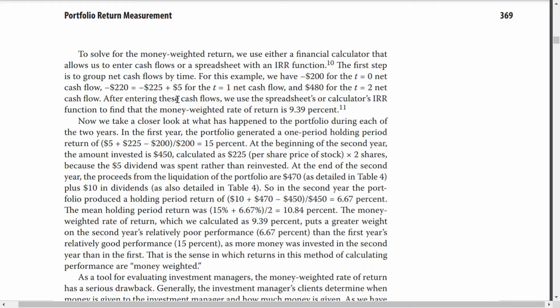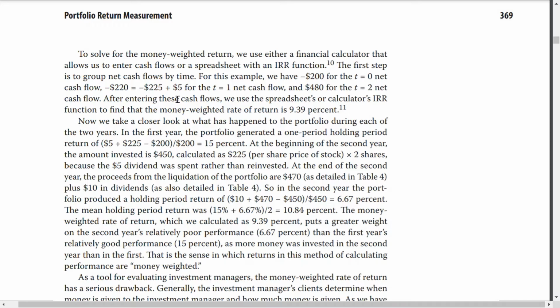If we take a closer look at what has happened to the portfolio during each of the 2 years, in the first year, the portfolio generated a one-period holding return of (5 plus 225 minus 200) divided by 200, which is 15%. At the beginning of the second year, the amount invested is 450, calculated as the 225 per share price of the stock multiplied by 2.